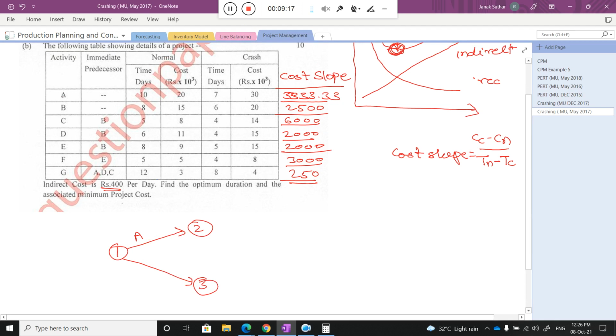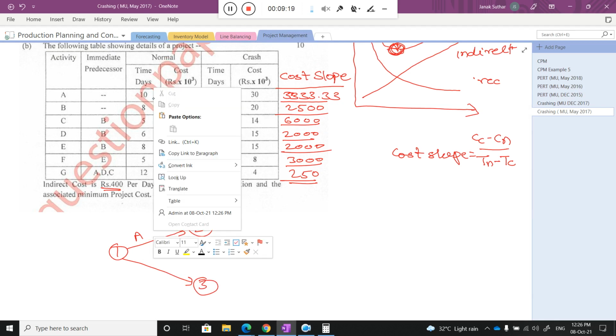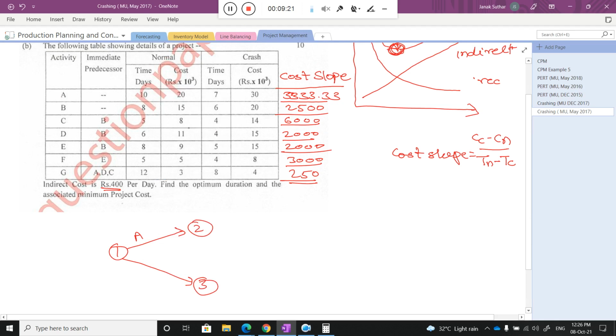For activity A, the time duration is given here, the normal time. What is the normal time? That is 10, right? And how much can I crash that particular activity? Can you tell me, class? 3 days. Very good.